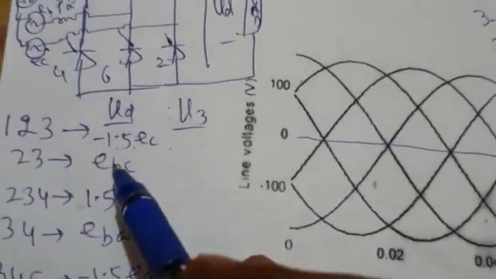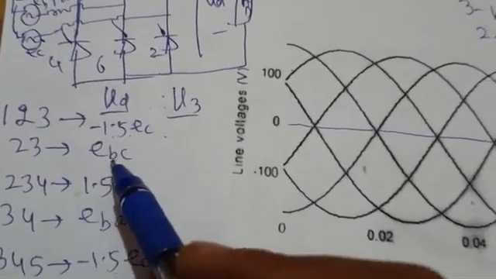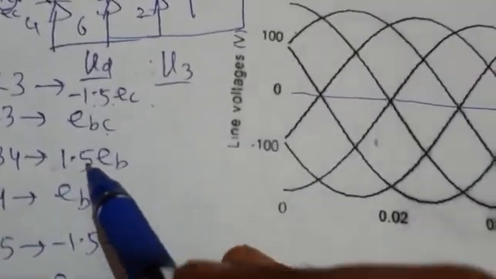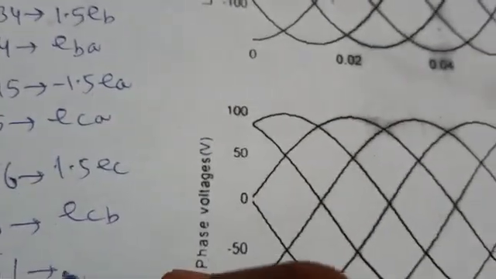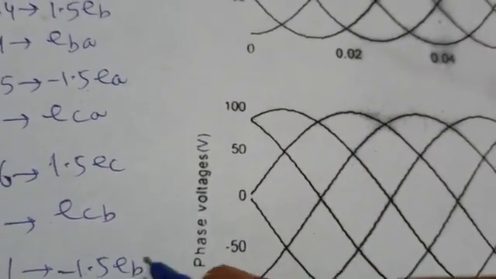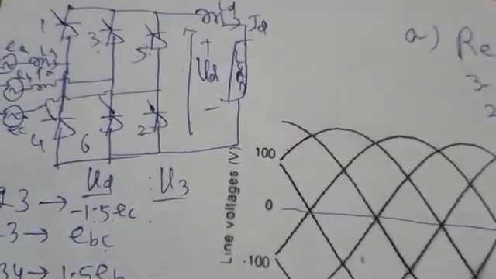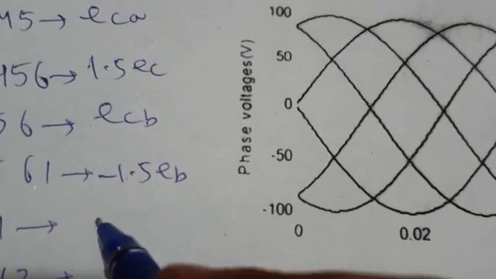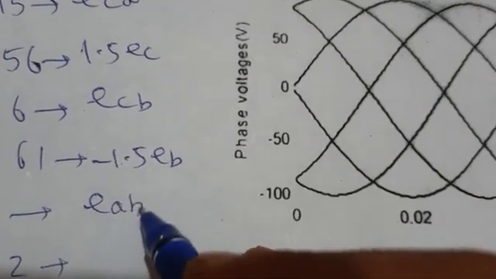What was the voltage when the 2, 3 pair was conducting? EBC. What is the opposite of this? ECB. Then what was the voltage here? Plus 1.5 EB. Take minus 1.5 EB. Just opposite. What is the voltage here? EBA. Just take the opposite of it. EBA opposite is EAB.